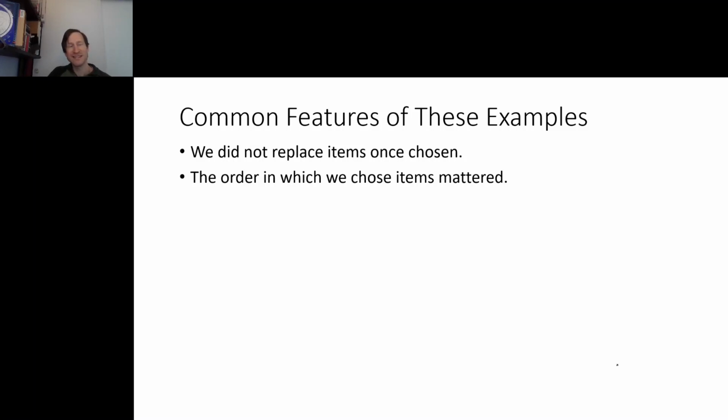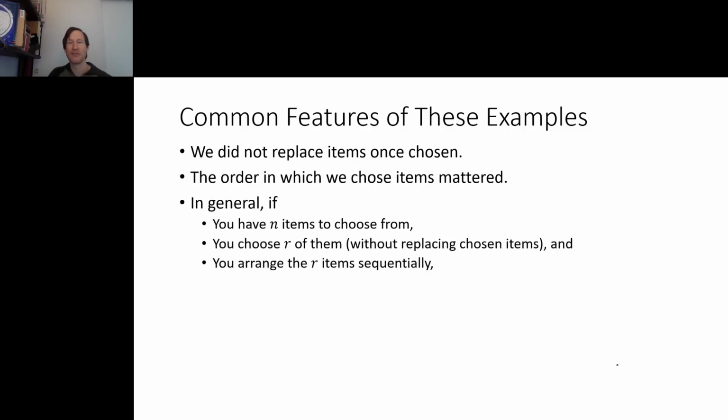In these types of situations where you do not allow yourself to replace items, and the order that you make your choices matters, there's a nice formula for the number of possible ways to make your choices. In general, the situation is this. If you have n items to choose from, and you're going to choose r of them without replacing chosen items, and then you arrange those r items in some order.